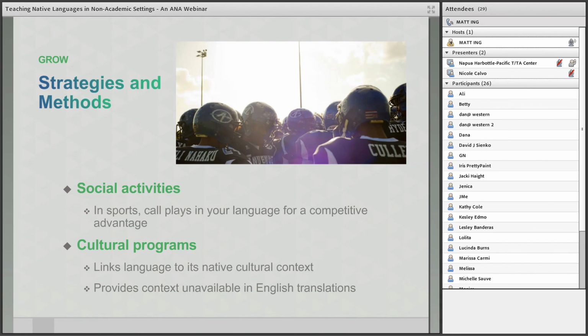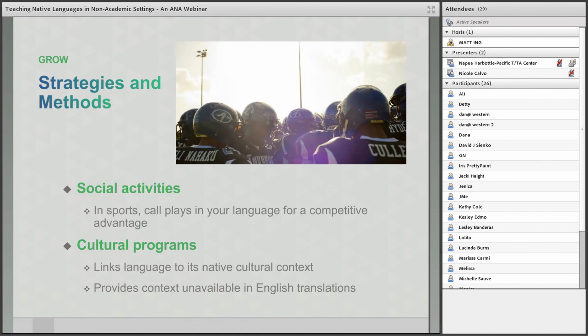The cultural links: link language to its cultural context. That's important because there are specific words for certain things that are done. If you're making a garden, what is the word for trenching the dirt in your native language? What is the word for planting in your native language? When a sprout comes out, what is that word?